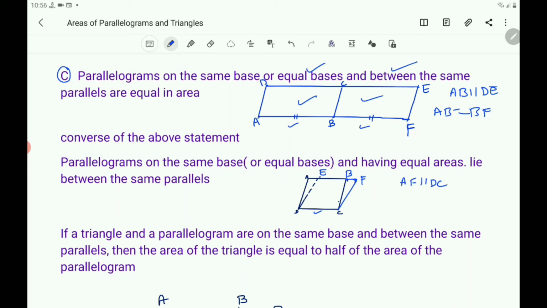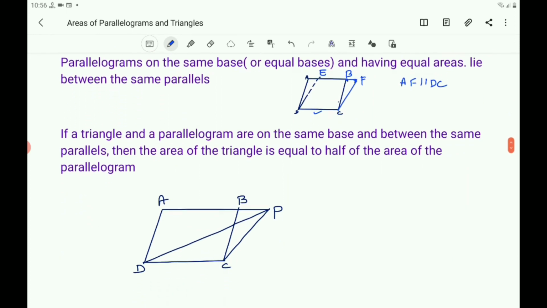The converse of the above statement is also true. Parallelograms on the same base or equal bases and between the same parallels are equal in area. If the parallelograms are having equal areas and they are on the same base or equal bases, they lie between the same parallels.